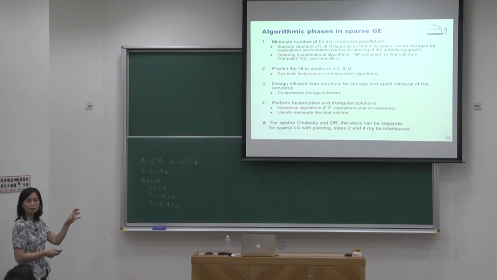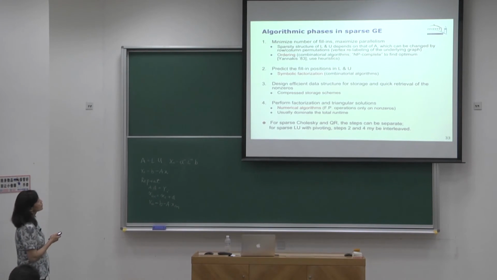Once you fix the ordering, and suppose you don't do any numerical permutation, you should be able to find, using graph algorithms like graph traversal and finding the transitive closure, all the fill positions. Then you can set up your CCS or CRS storage scheme. Because if you don't know where the non-zero positions are, you cannot set up the data structure. So this step is called symbolic factorization.